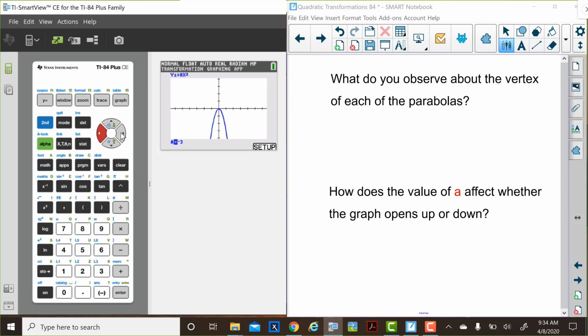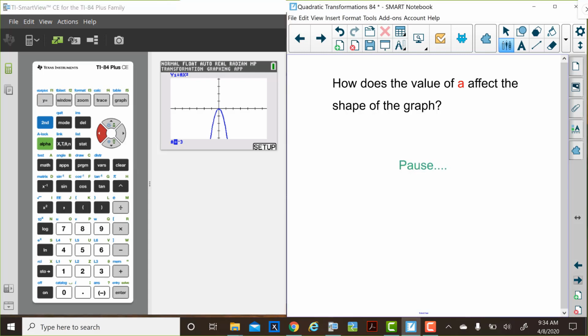Let's consider another question related to the value of a in this equation, y is equal to ax squared. How does the value of a actually affect the shape of the graph? You may have already made some observations for large values relatively of a compared to an a value of 1. Now a is larger.